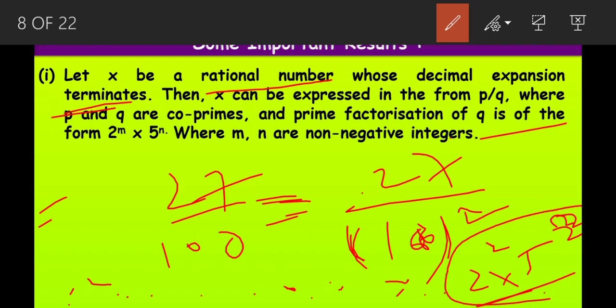It can be written in the form of 2 power m into 5 power n, which is the denominator q, where m and n, the powers, are non-negative integers.